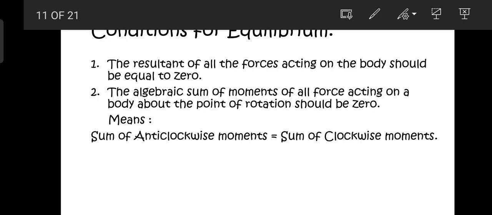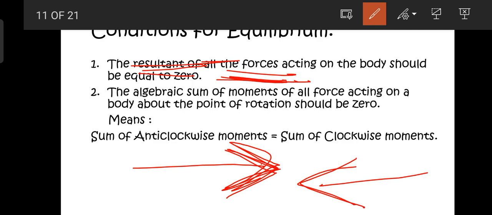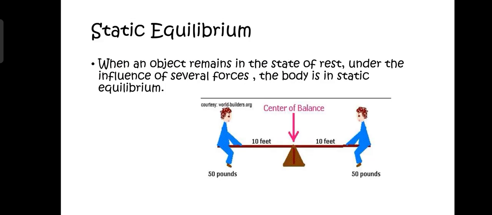Now conditions of equilibrium. The resultant of all the forces acting on the body should be equal to 0. The algebraic sum of moments of all the forces acting on the body about the point of rotation should be 0. Resultant means there are several forces, so here it should be 2 forces.